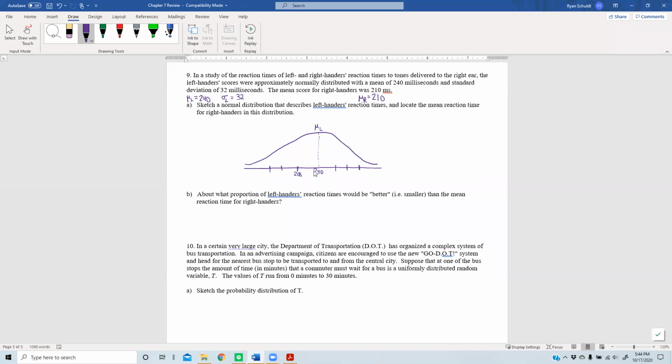This one is 272. Okay, now it says that right-handers have a mean of 210. So we're going to be just before this 208. And I'm going to make a note here. That's the mean of the right-handers at 208. So that's what it's asking us to do.